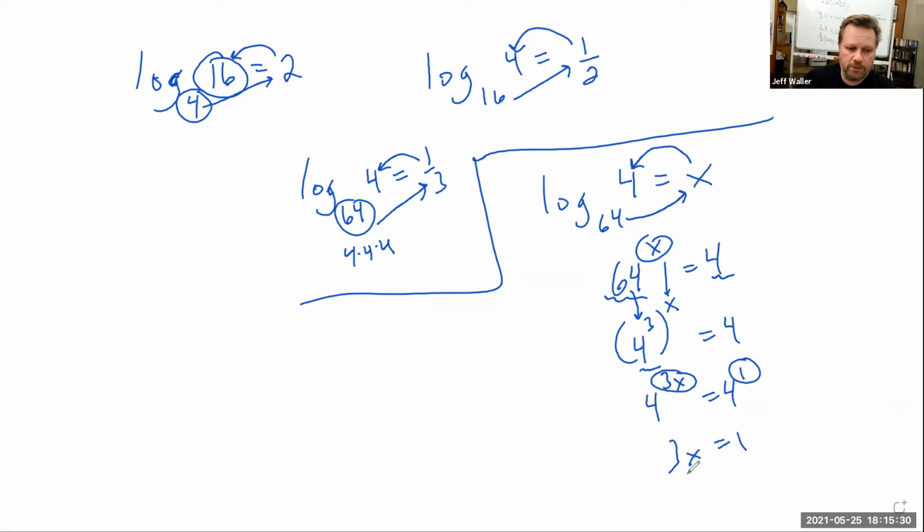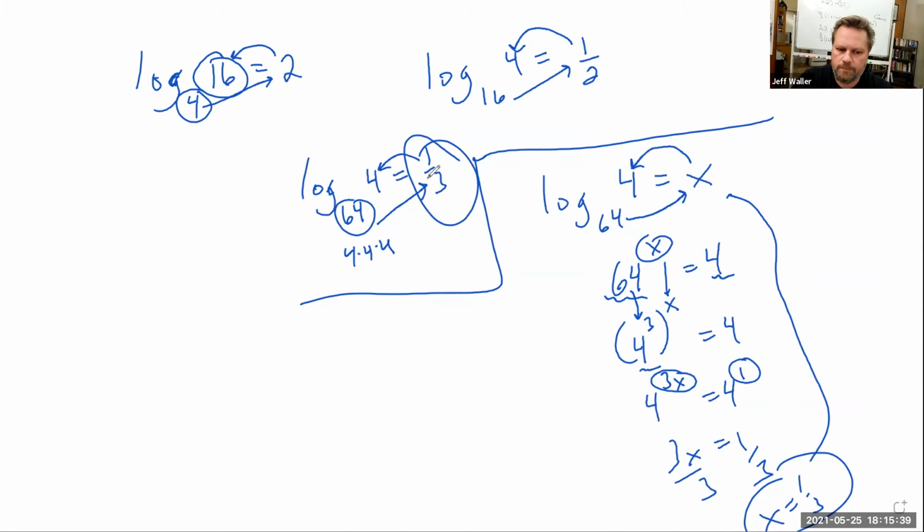That's the only way that could be true. So then I get x is 1/3. Finally, I get the 1/3 that we got earlier. I don't know if you guys remember that. We went over that. That's another way to do that. If you can't quite see it directly, you can always rewrite it like this.